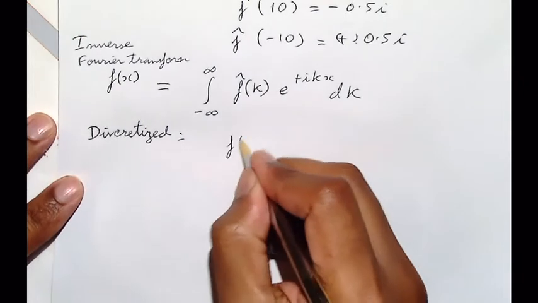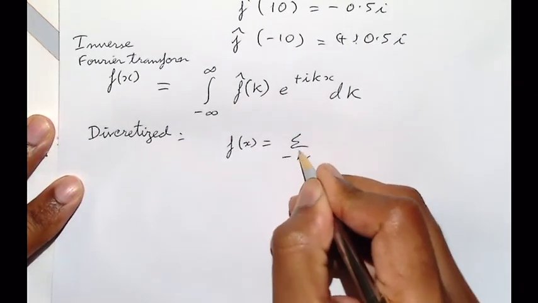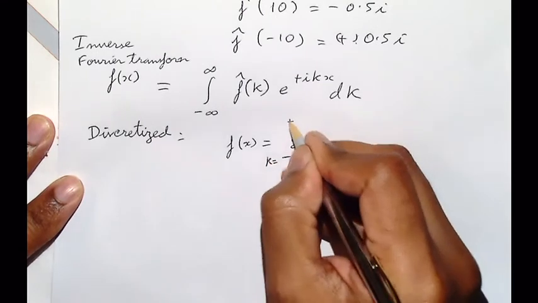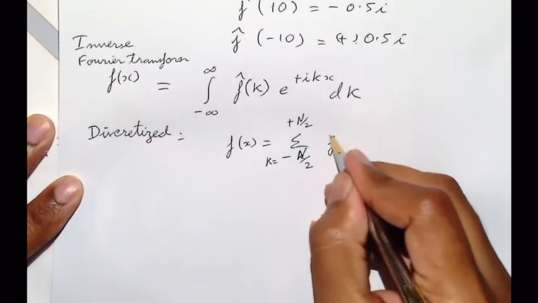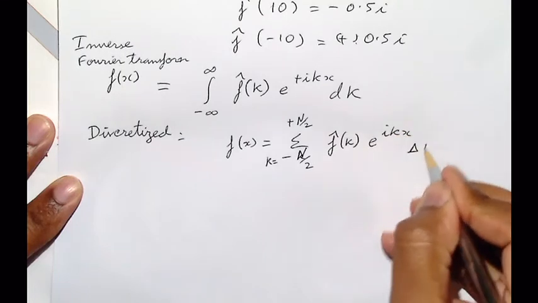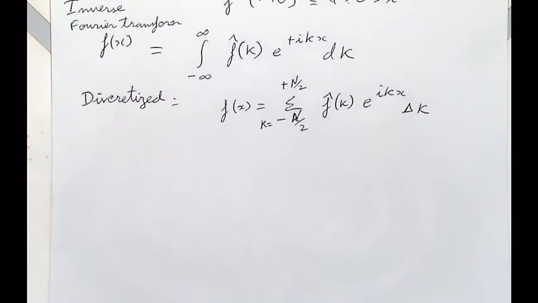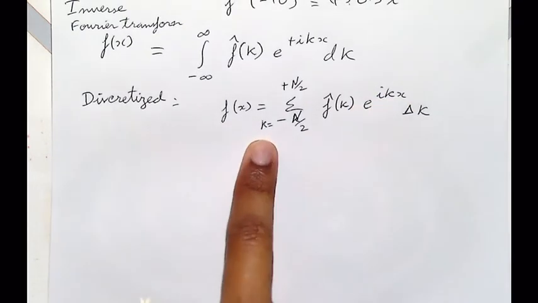So the discretized equation will just look like f of x equals the sum over kappa equals minus n over 2 to plus n over 2, and in here we'll have f hat of kappa e to the i kappa x delta kappa. Okay? There's just a plus minus difference between the forward transform and the inverse transform. And of course the limits are kappa versus x.